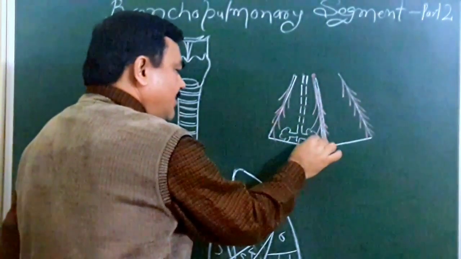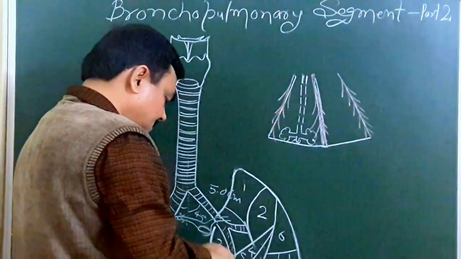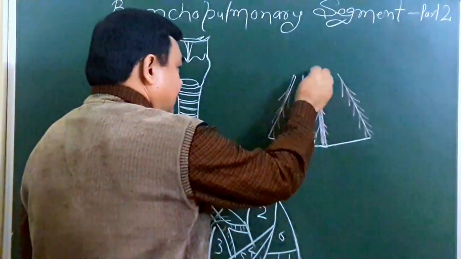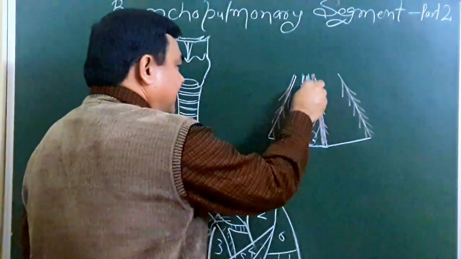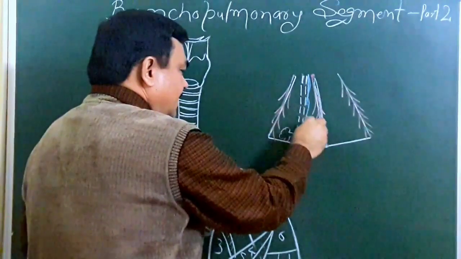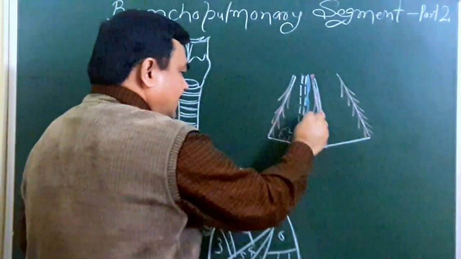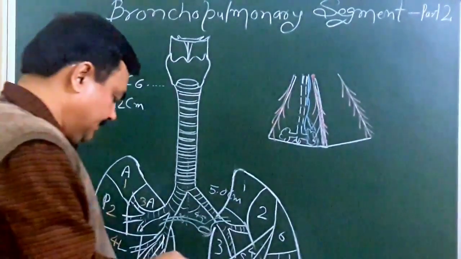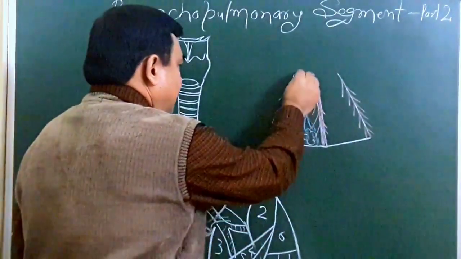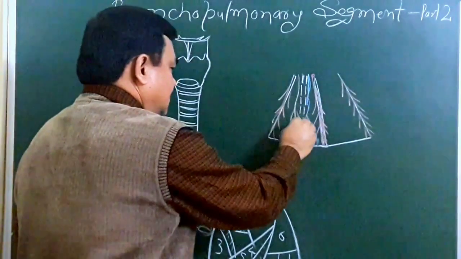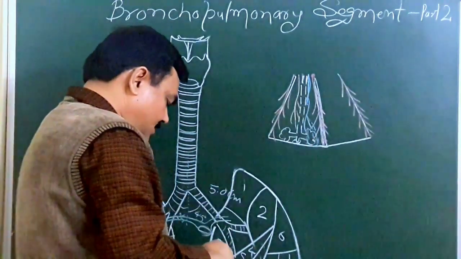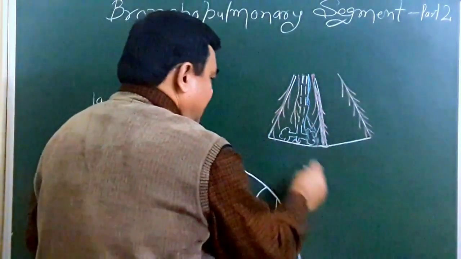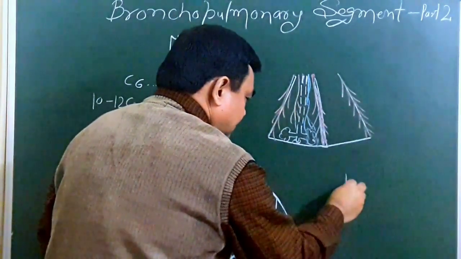Here are the alveoli. Here is pulmonary artery. It divides into numerous branches and forms capillary network around the alveoli. Here is lymphatic channel.